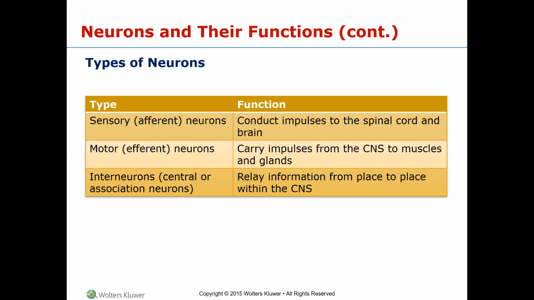And then there are connections in between, and these are called interneurons, and they relay the information from place to place, but they're only found in the central nervous system. So they are like connectors between some of those sensory afferent neurons.